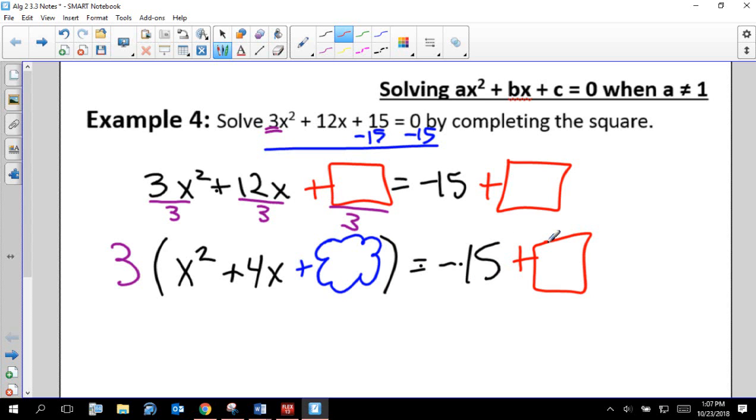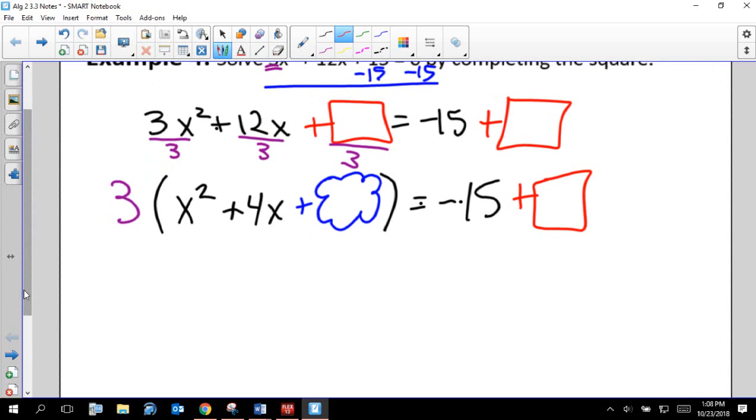Okay, I'm only doing that to visualize that these two numbers are going to be different. They're not the same numbers that we're filling in. Okay? If you don't like fluffy clouds, you could use something else there, like a circle, or a heart, or an ice cream cone. I don't know. Just something different other than square.